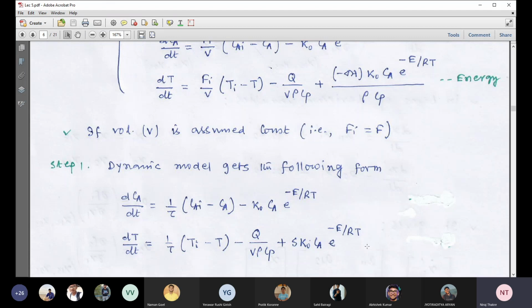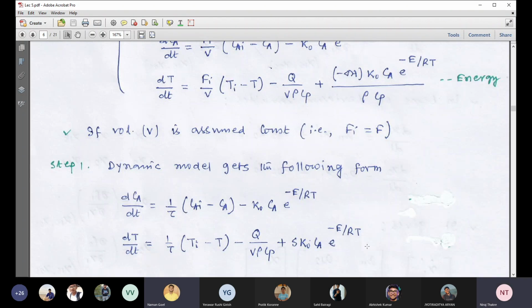What is the expression for ACE? Minus delta H by rho Cp.